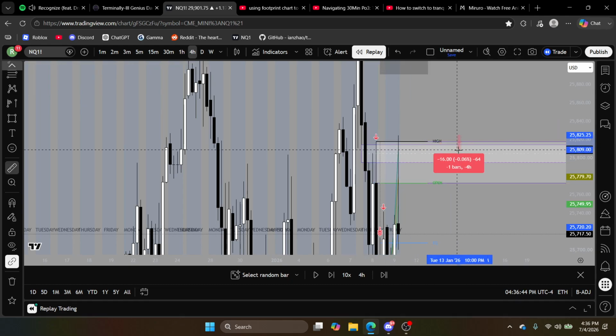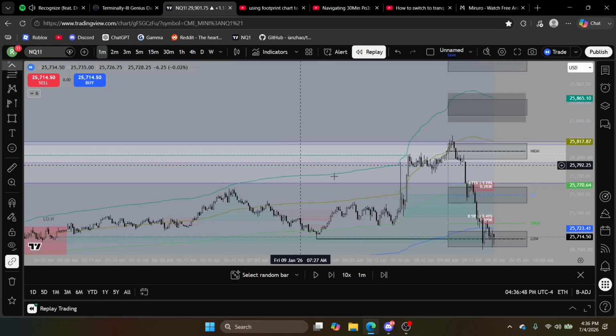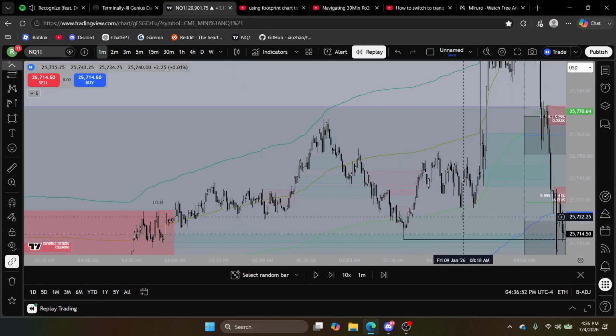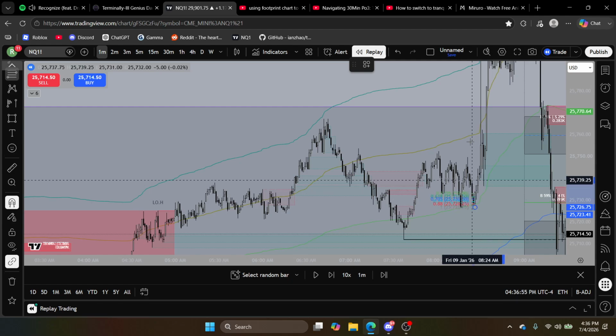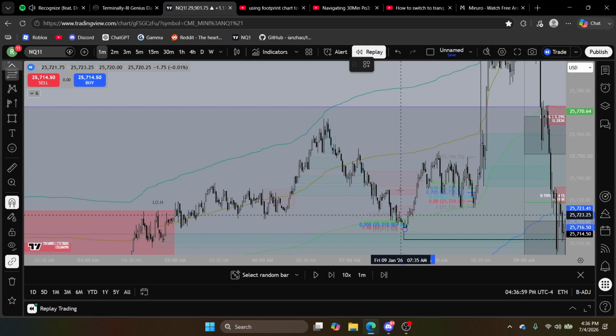Was it? Possibly. Let's see. We have those two. We have a rejection block inside the gap on the high time frame. We have this standard deviation right here. Does that work? No, that's wrong, I think. Is it?